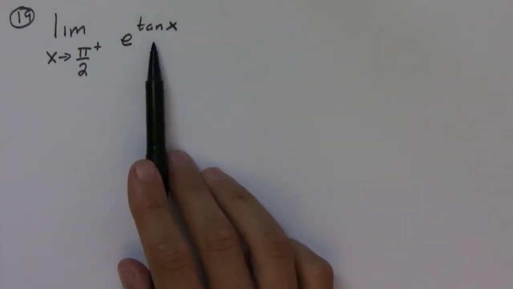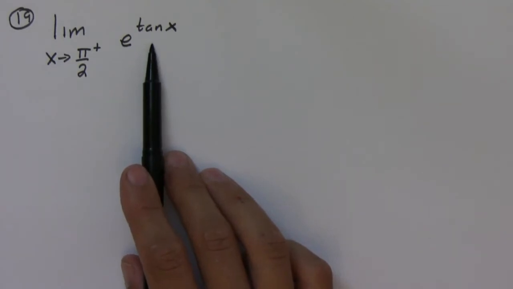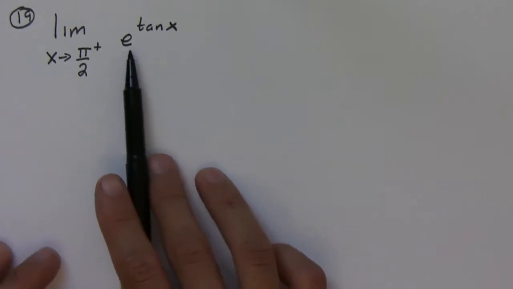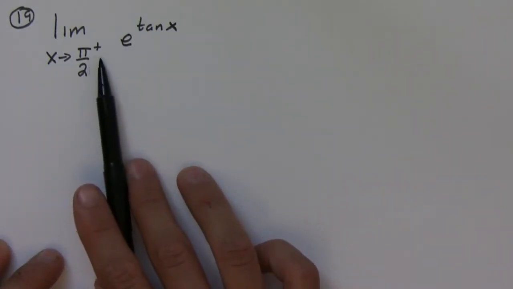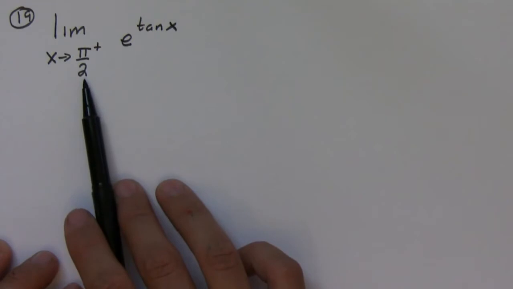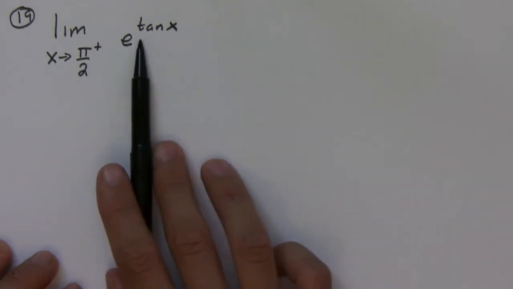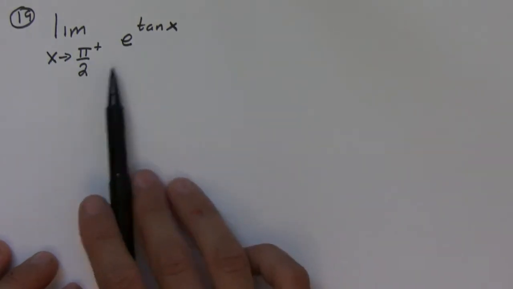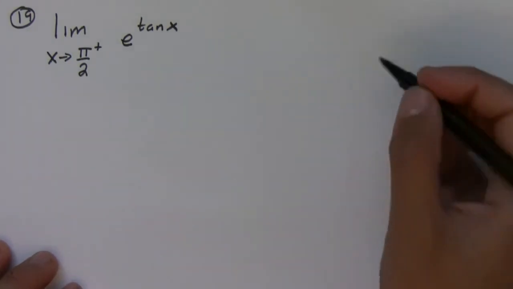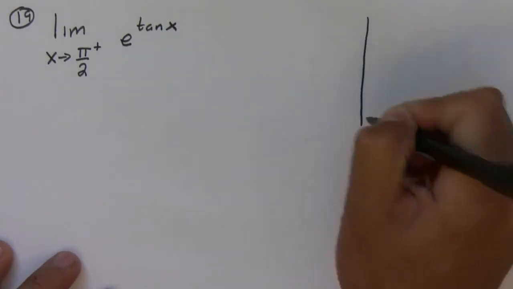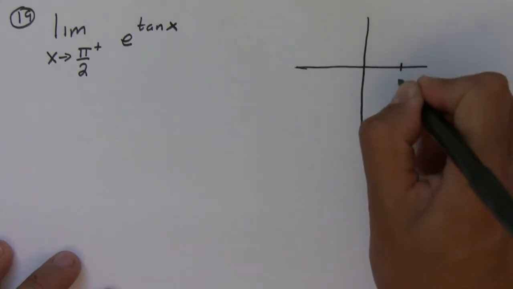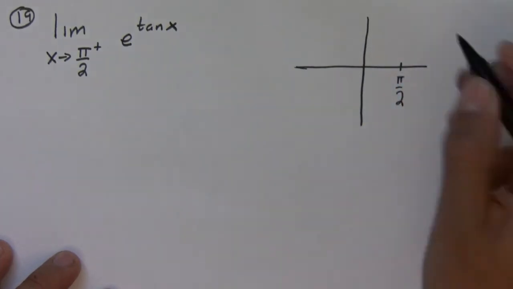Okay, so this involves a trig function, and limits involving trig functions are generally a little trickier, just because you have to know a little bit about the function itself. Here it says that x approaches pi over 2 from the right side, and we have e being raised to the tangent. We know that tangent of pi over 2 is undefined, because there's a vertical asymptote at pi over 2.